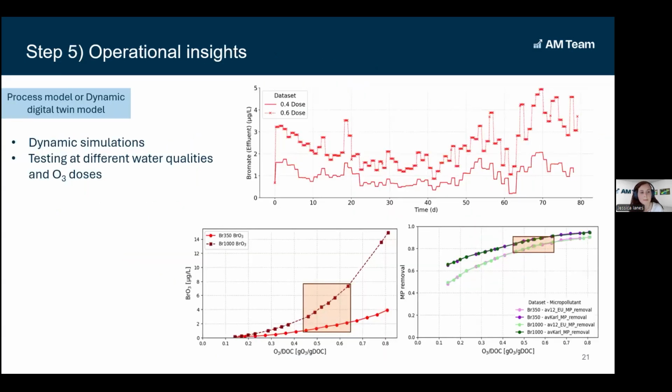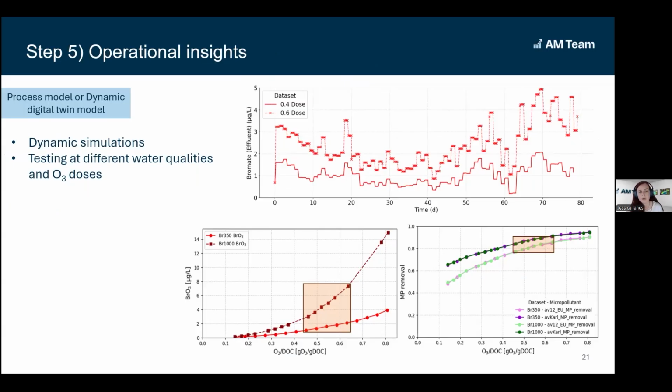And as a last step in this project, we actually wanted to move from the CFD, in which we could test a specific fixed condition, so with a specific level of water quality in terms of DOC, ammonia, nitrite.